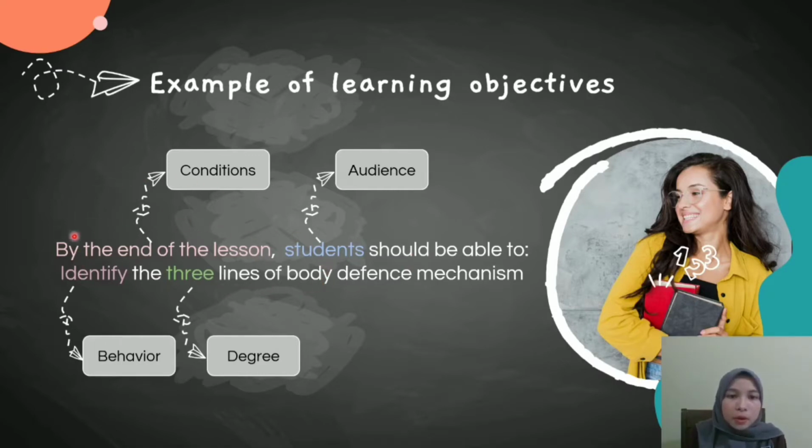So, by the end of the lesson is the condition. Students, like I mentioned before, is the audience. Identify is the behavior, and the 3 here means the degree. So this learning objective is measurable as it follows the ABCD technique.